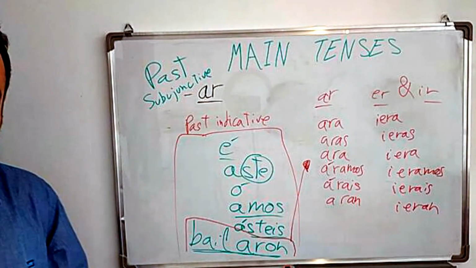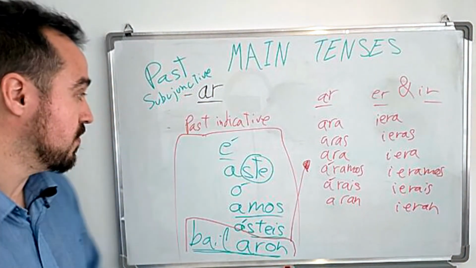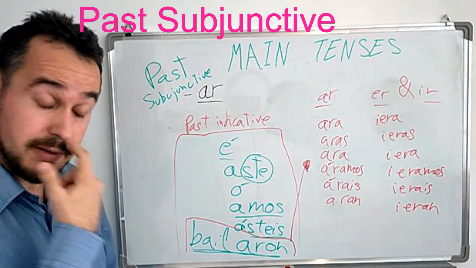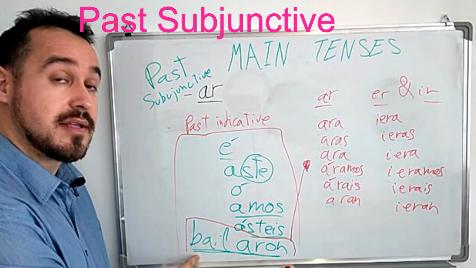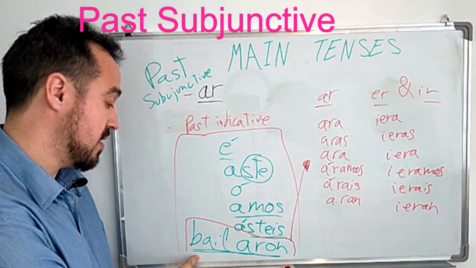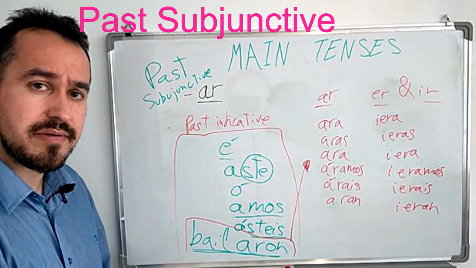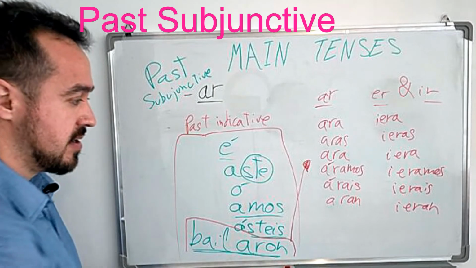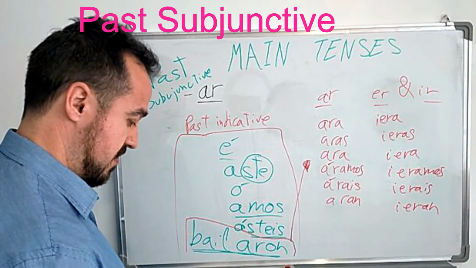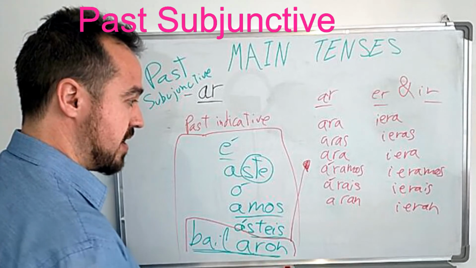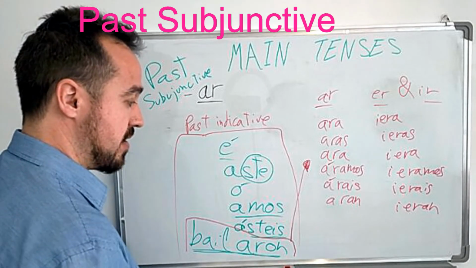All right, let me explain this one to you. So you're gonna have your past indicative, okay? And you're gonna take the last word, okay? The they form of any verb, both regular and irregular. You're gonna remove RON or even ARON.